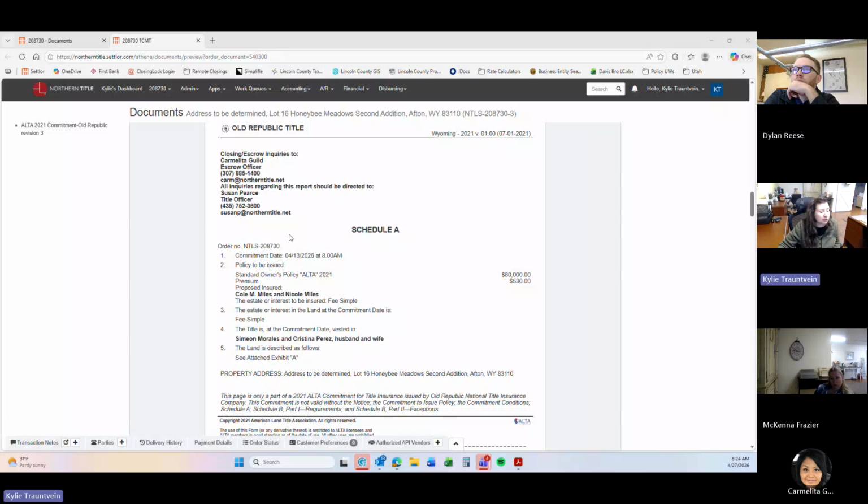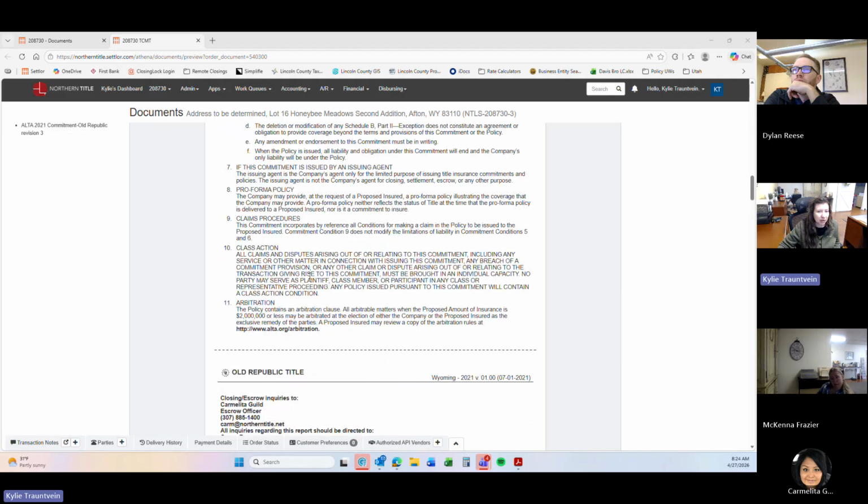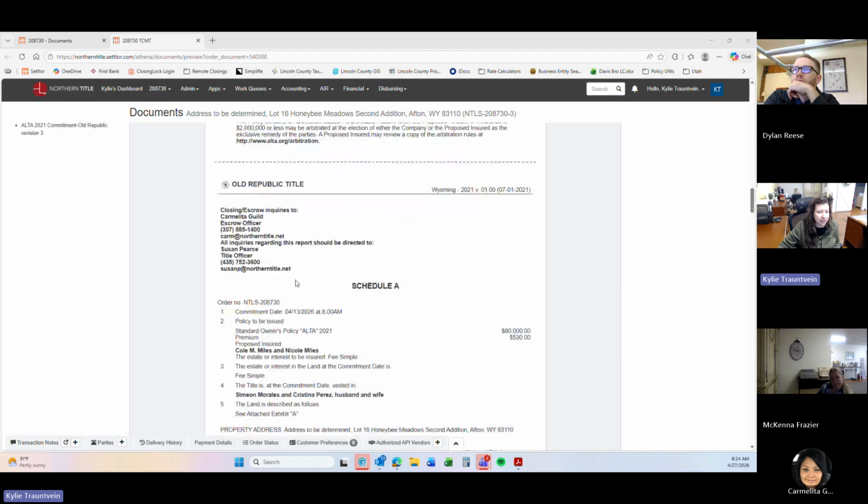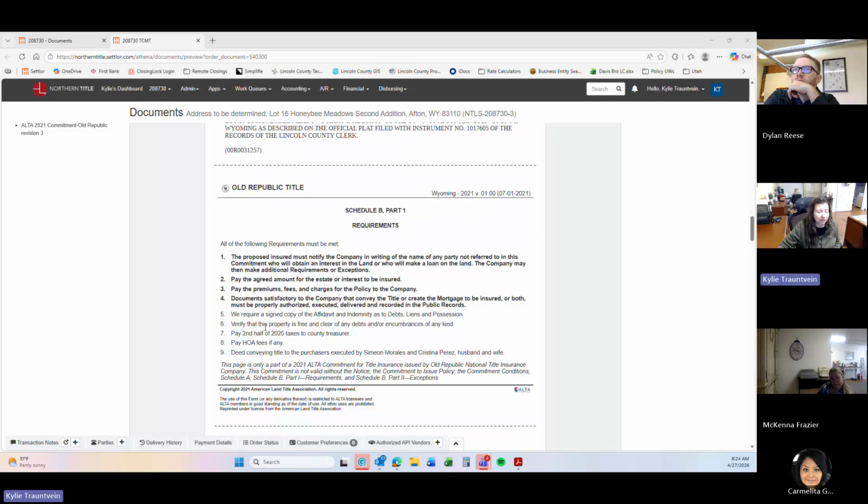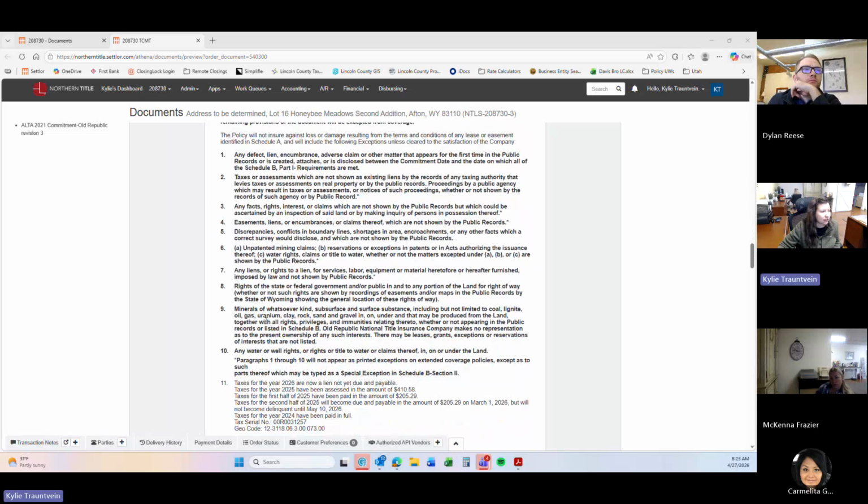Okay. So we were just talking about standard policies versus extended on owners. So on an extended owner's policy, if you see that here instead, the jacket will look the same. The difference between extended versus standard is that on an extended policy, these first 10 exceptions get deleted.